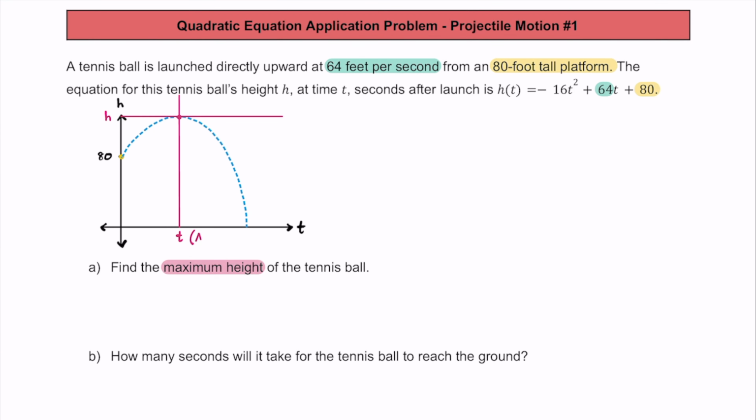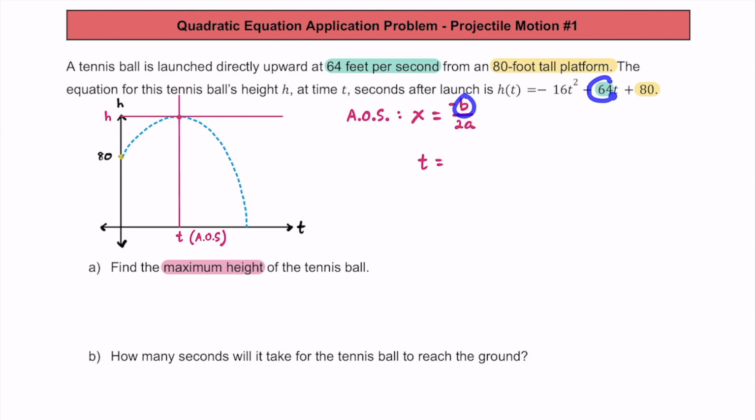Now try to think back and remember that this vertical line in the middle of our parabola is represented by something called the AOS, or the axis of symmetry. For this application problem, this is the time at which the tennis ball is going to be at its maximum height. Let's try to remember our axis of symmetry formula: x is equal to the opposite of b all over 2a. In the context of this problem, we're using t to represent x, so time is equal to the opposite of b.